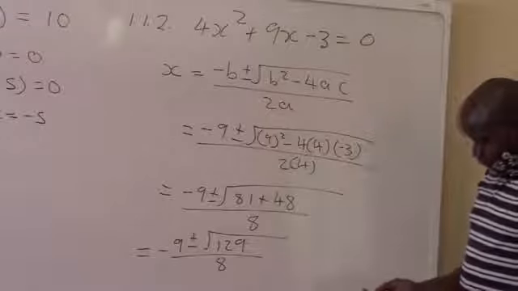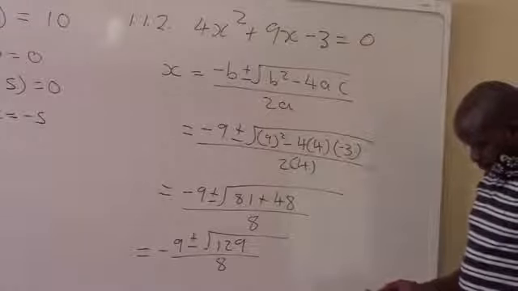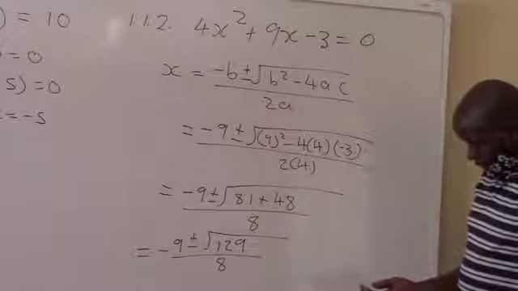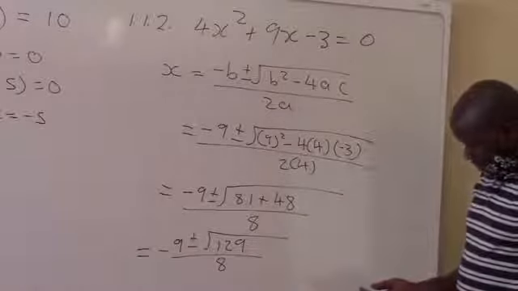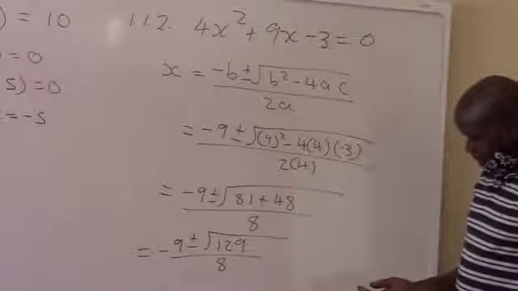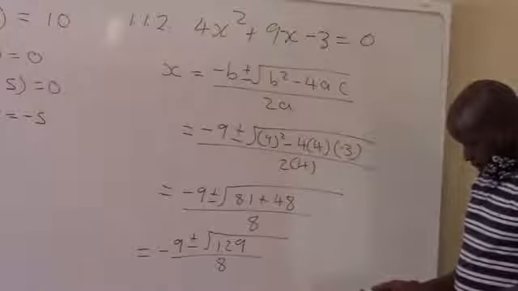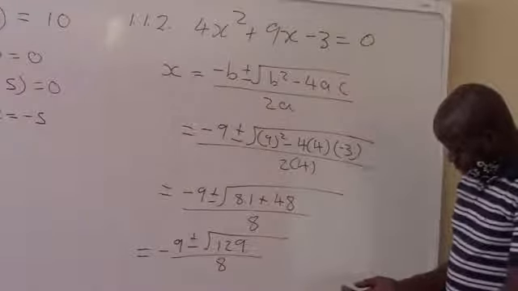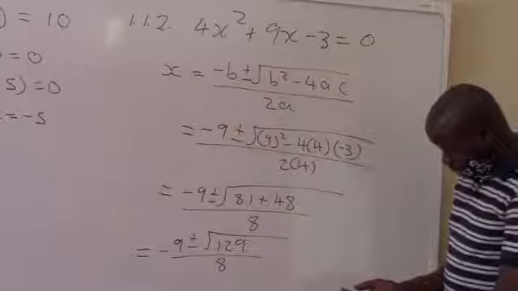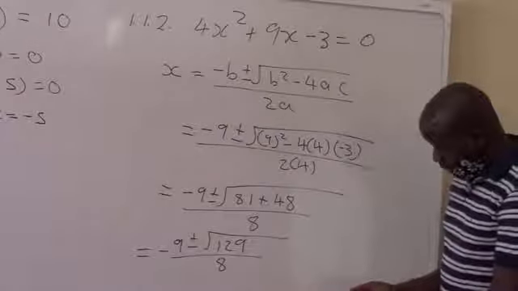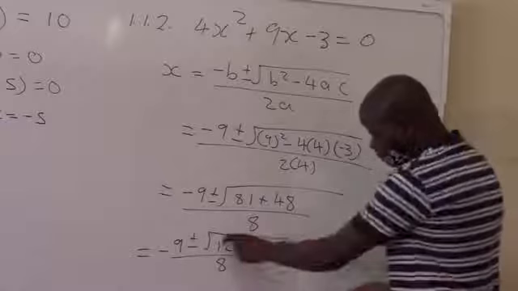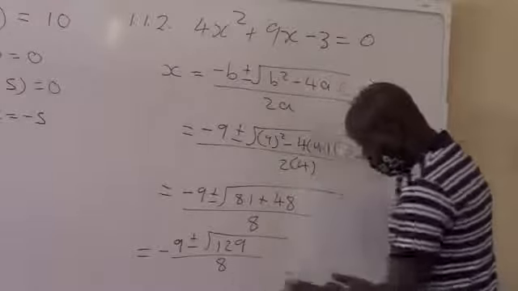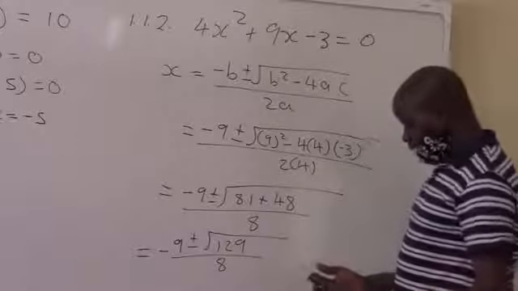So we'll have negative 9, and the square root of 129 is 11,374. We will round it off to 11,36.